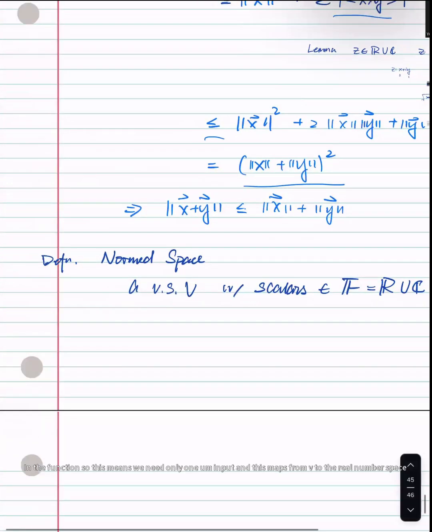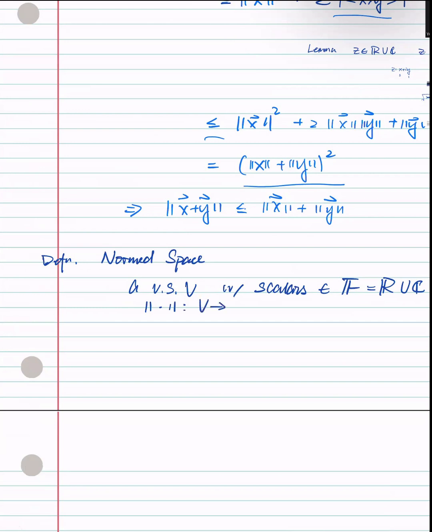This means we need only one input, and this maps from V to the real number space.